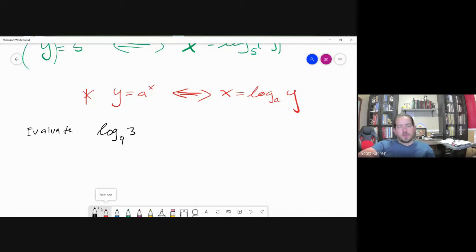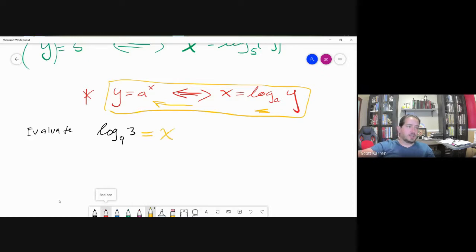So if I'm asked to evaluate a logarithm, let's say log base 9 of 3, I can use that definition. That definition is essentially that if I have a logarithm, it's the same as being able to turn it into an exponential. So if I have log base 9 of 3, I'm just going to say I don't know what that equals and create an equation.